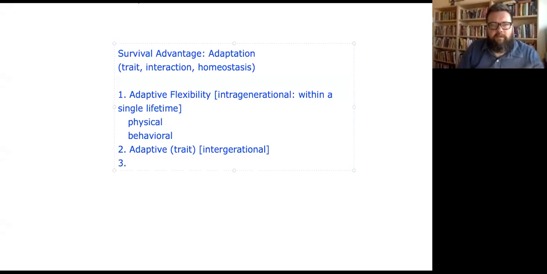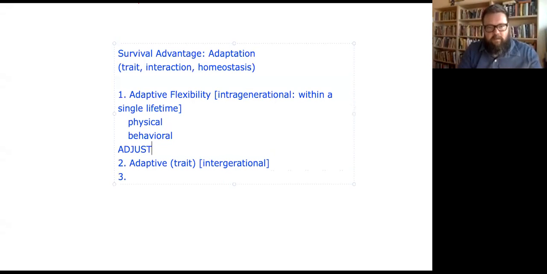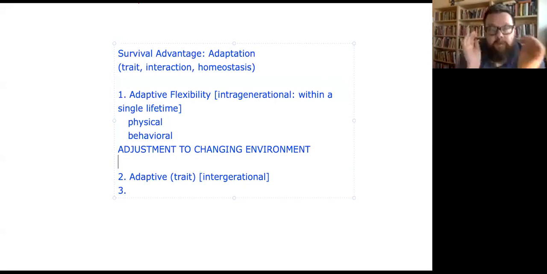So actually, let me come up here and add the word. This is when you adjust to changing environment. Okay, so that's number one. When within an organism's lifetime, they are able to adjust to their changing environment, that's adaptive flexibility.